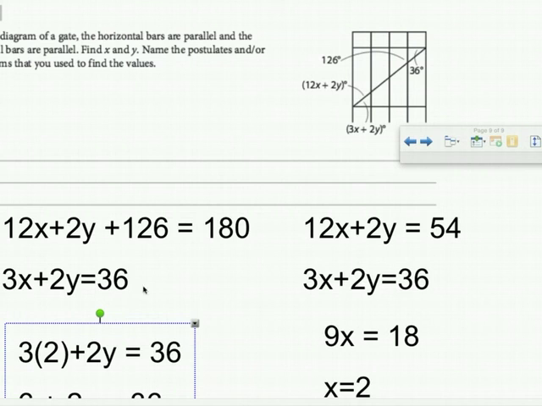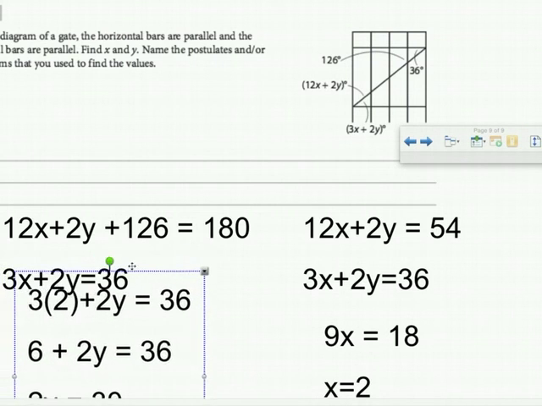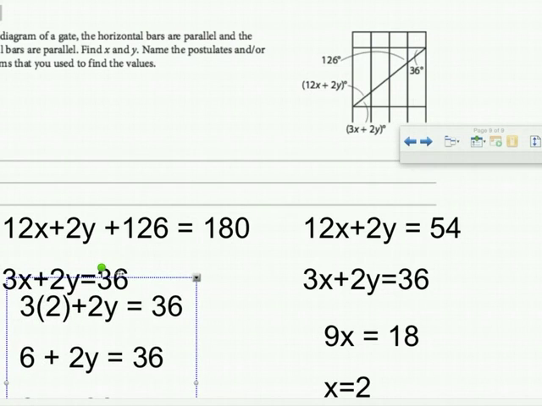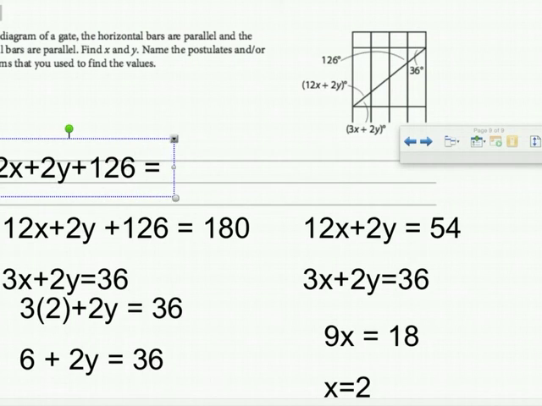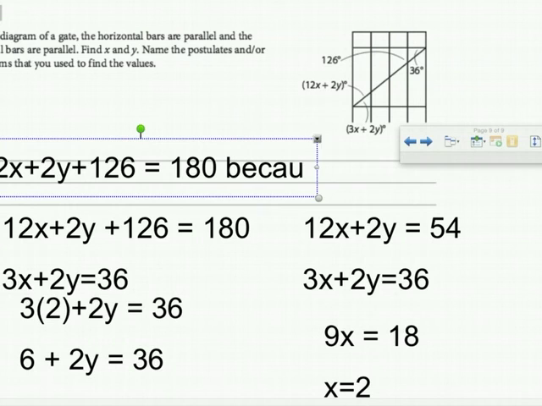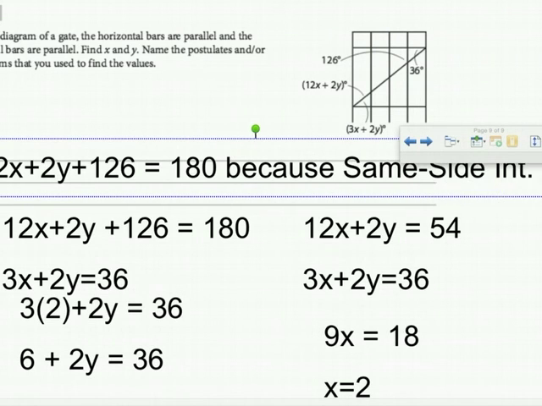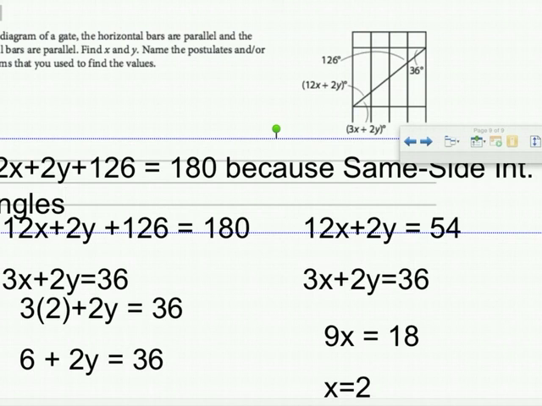And way up here, they were asking us to find the values of x and y and name the postulates or theorems that we use to find the values. Okay, so we knew that 12x plus 2y plus 126 equaled 180 because of same side interior angles.